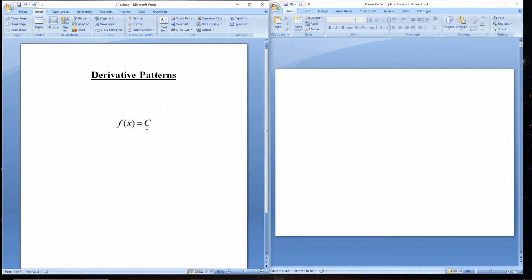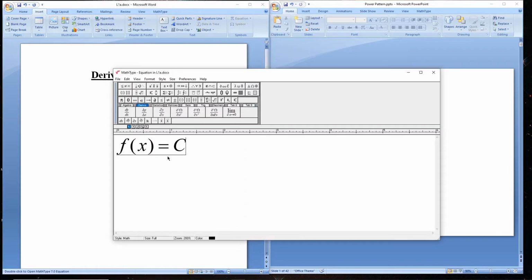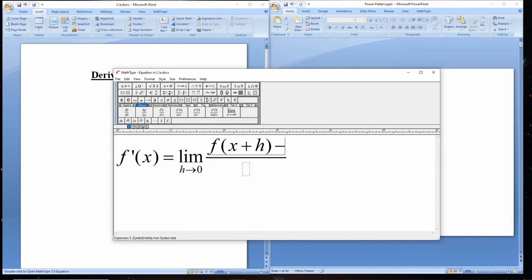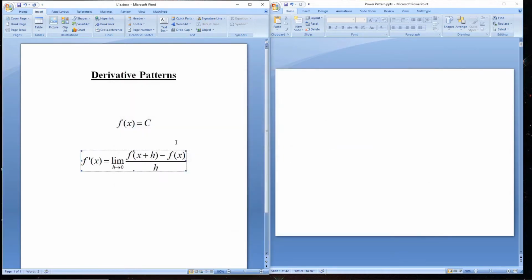You just put in whatever number you want for C. And what we're going to do then is stick this into the limit and find out what the derivative is for all horizontal functions. So let me just write out here really quick the derivative definition. And we're going to plug our information into that.